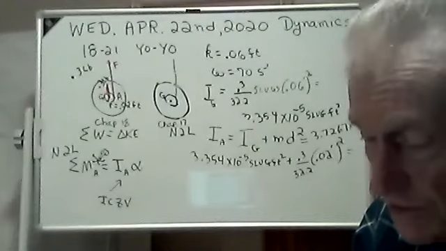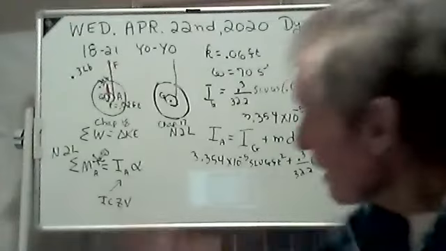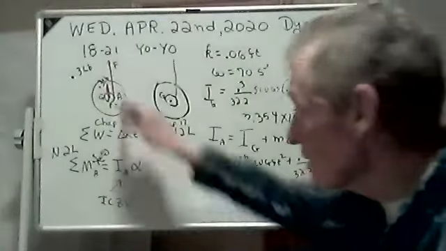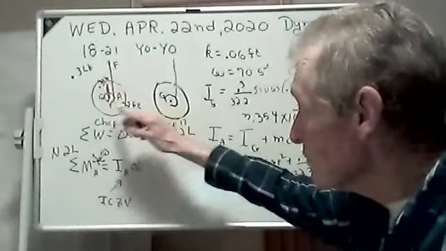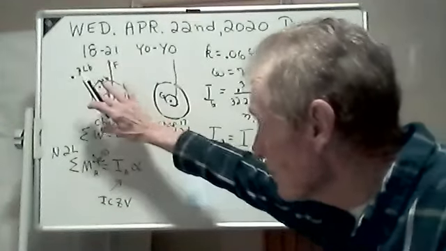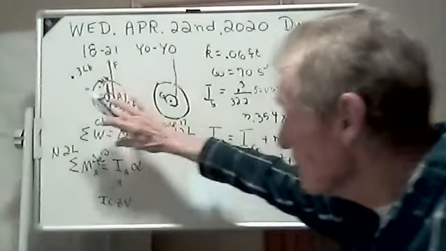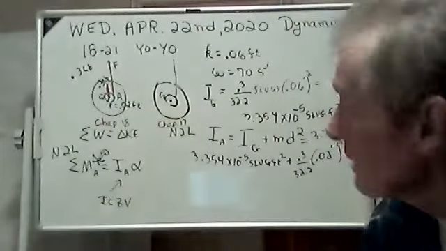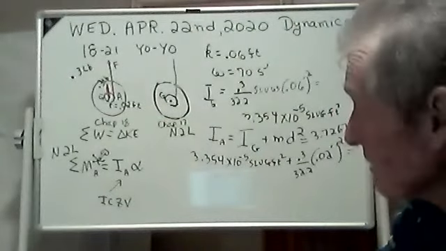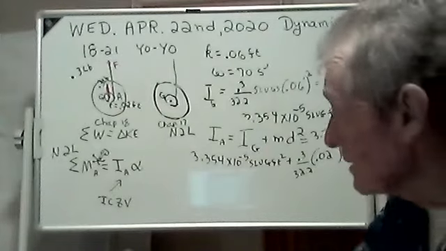That yo-yo is rotating, not about G. If it was, it would just sit there and spin. But see, it's unwinding. And at that instant, every point on the yo-yo is rotating about point A. That's the ICZV.